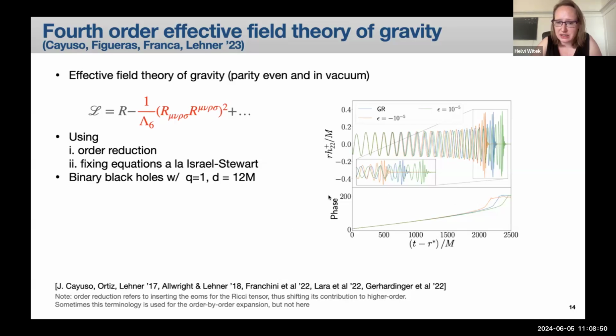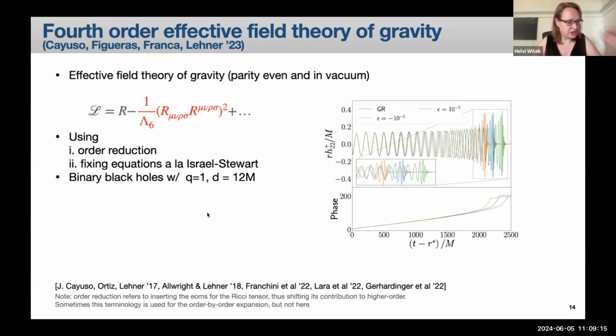And in the bottom panel, the phase of each of these evolutions as a function of time. Here, the blue curve, the middle one, corresponds to general relativity, and depending on their coupling strengths, which now is called epsilon, I apologize, this can either lead to an earlier merger or to a later delayed merger.